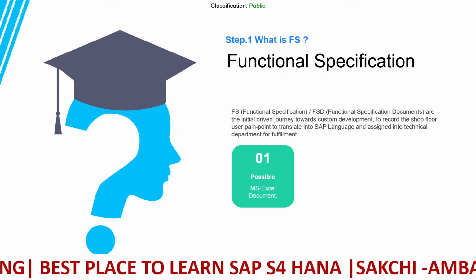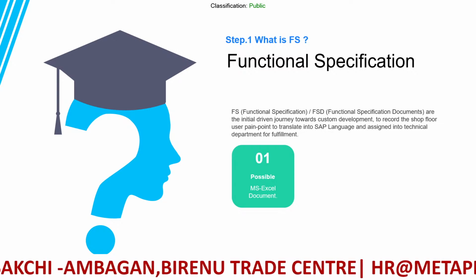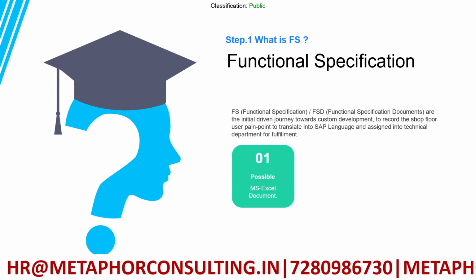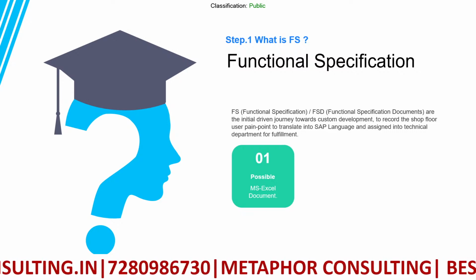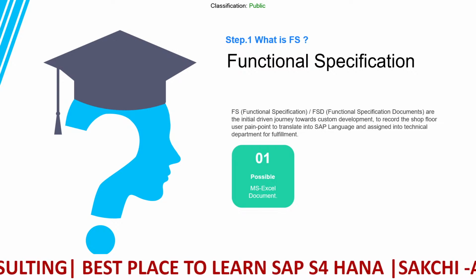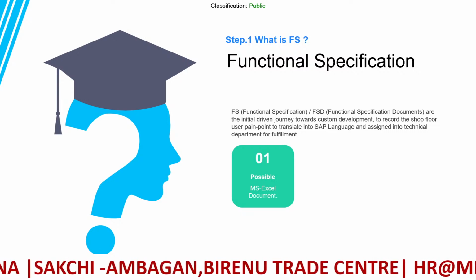Now coming to the point, let's suppose an SAP functional consultant, with respect to any module, material management, production planning, PPDS or EWM module, wants to write the functional specification.